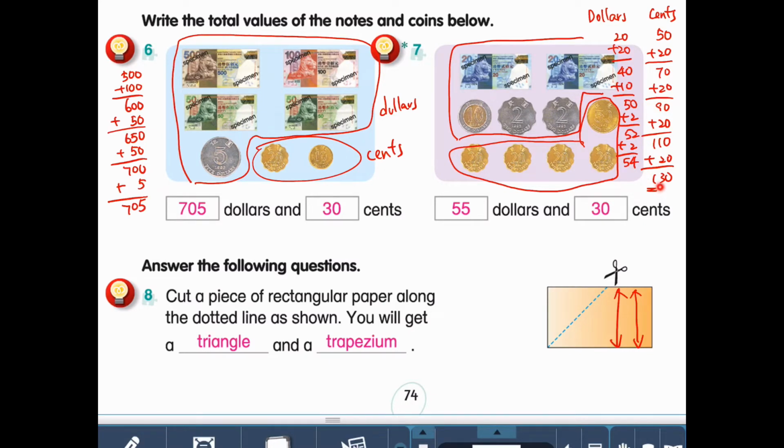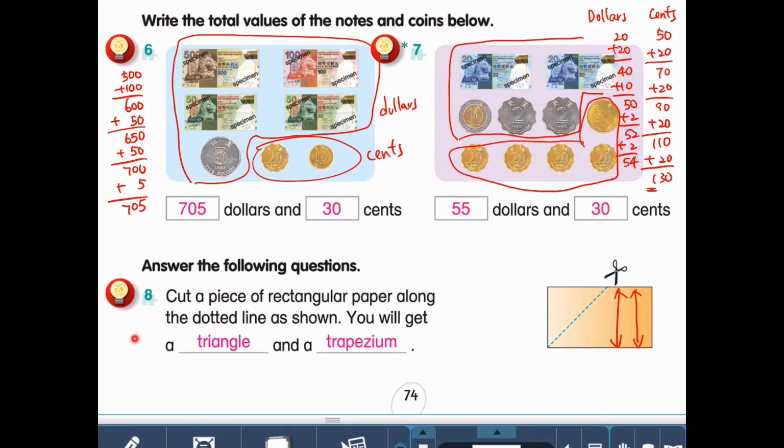And remember, the largest number of cents that we can write down is like 90 cents. That means for 130 cents, we have to take this one over to the dollars. Remember, $1 equals 100 cents. So we take this over, and the answer is $55.30.